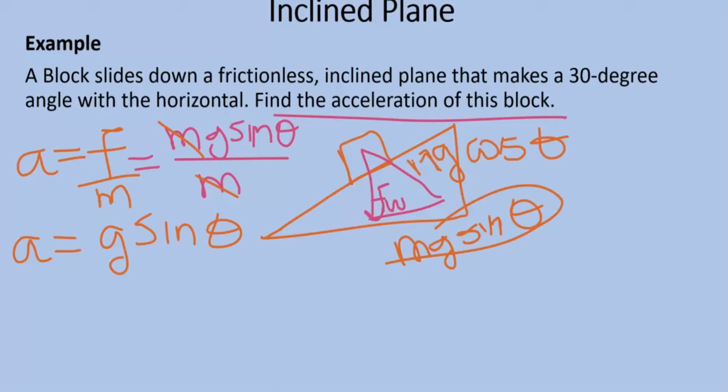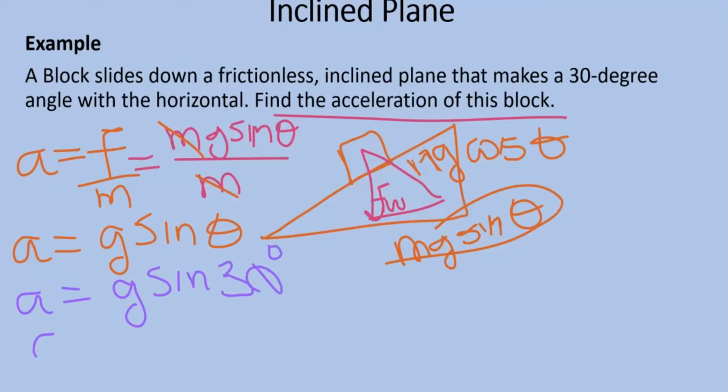For further explanation, substitute the values of each of that. So therefore, a is equal to g sine 30 degrees, and sine 30 is equal to half.